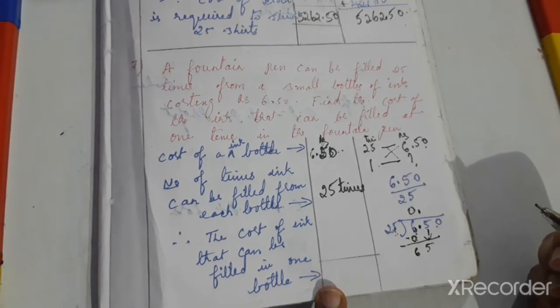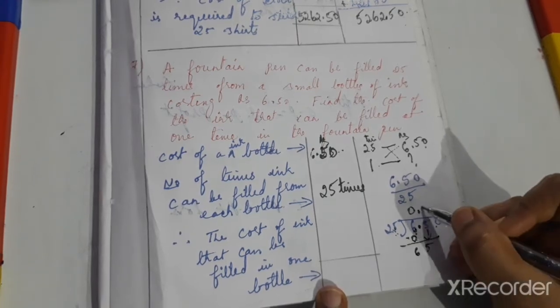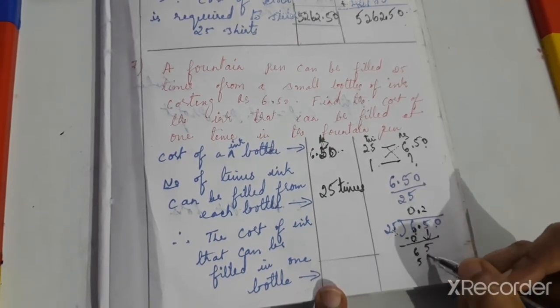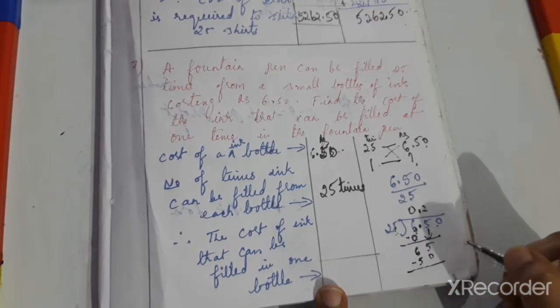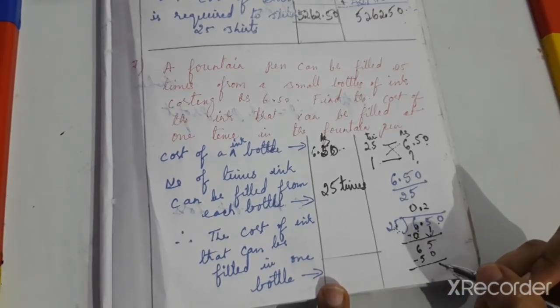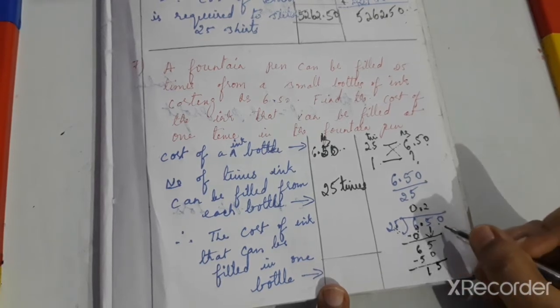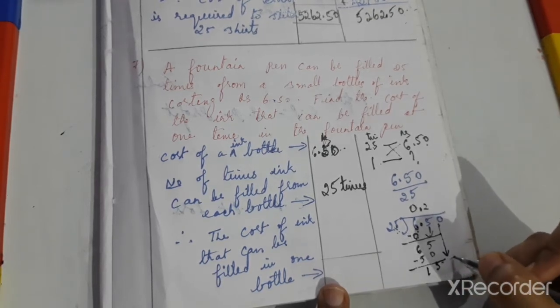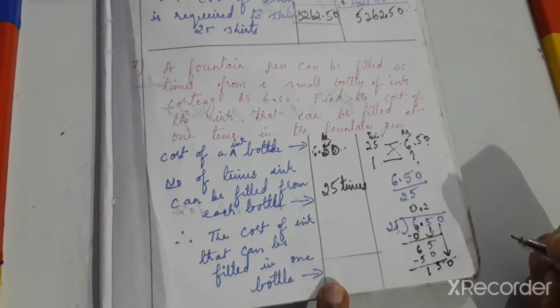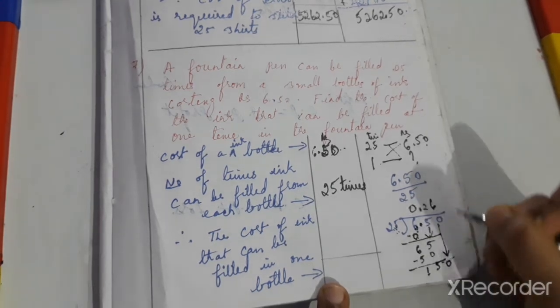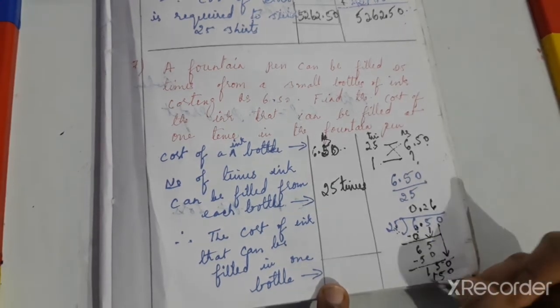Now 65. So 25 2s are 50, that is the nearer one, minus. So 65 minus 50 means 15, here 1 and 5, and bring this 0 down. Now 150. So 25 6s are 150.